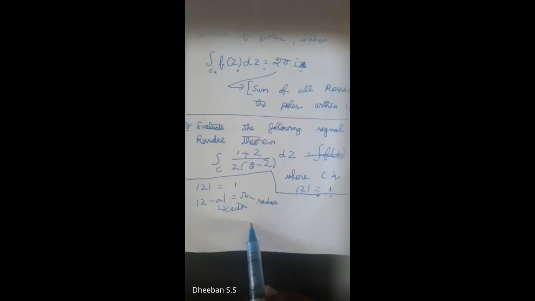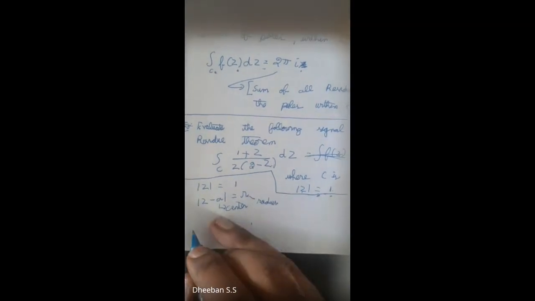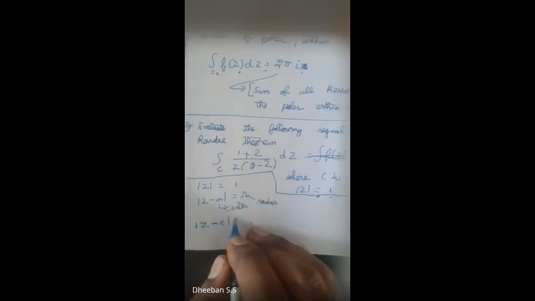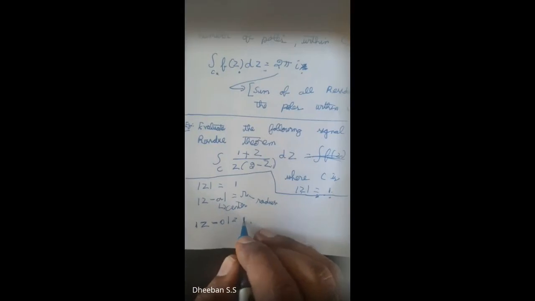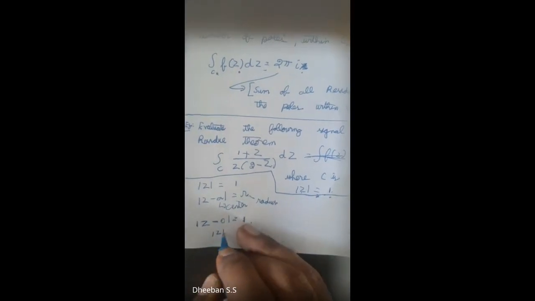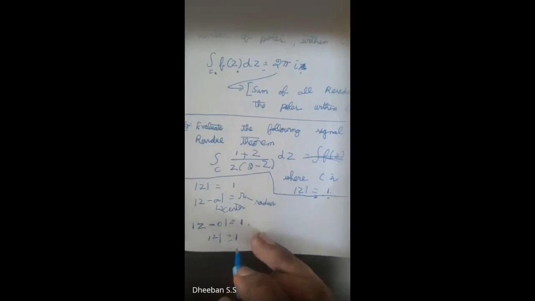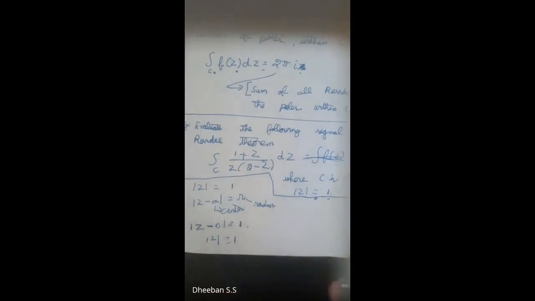Here your a value is 0, so your center is 0 and the radius is 1, which gives modulus of z equal to 1. So this is nothing but a unit circle.